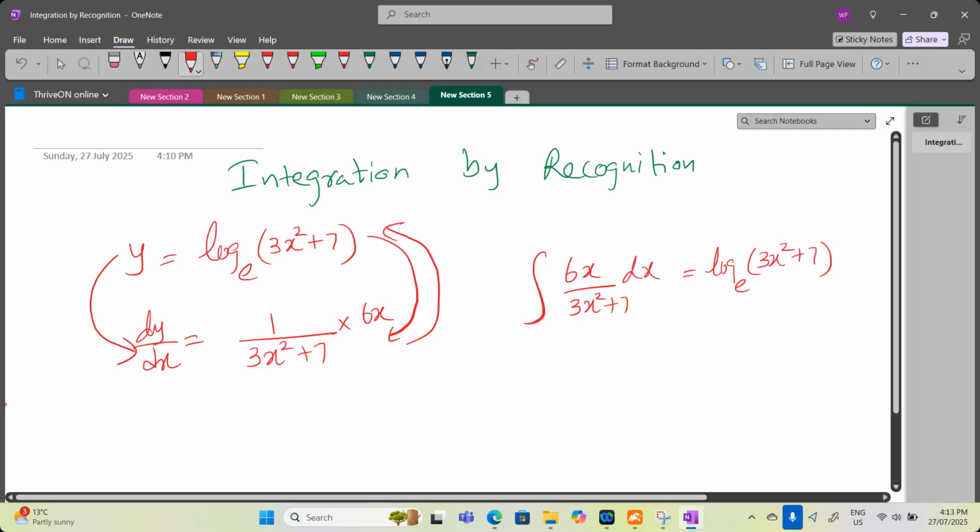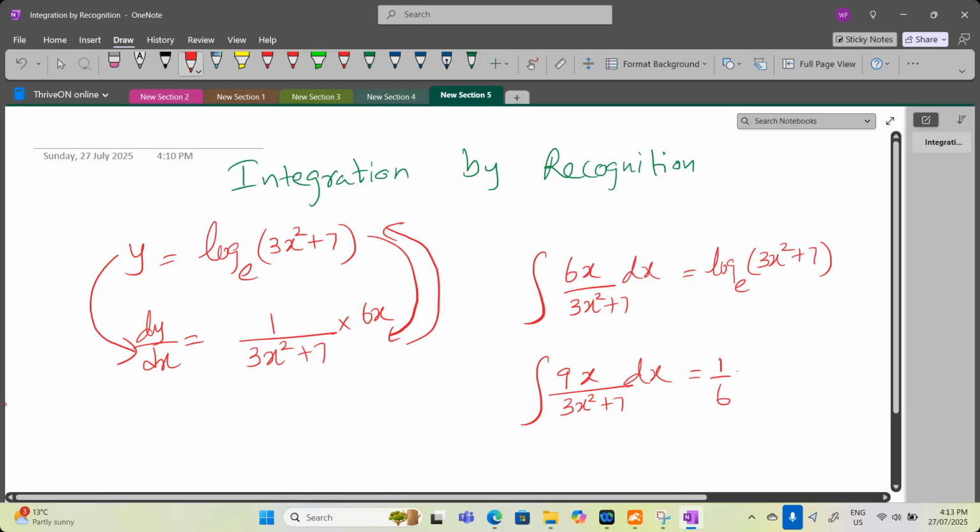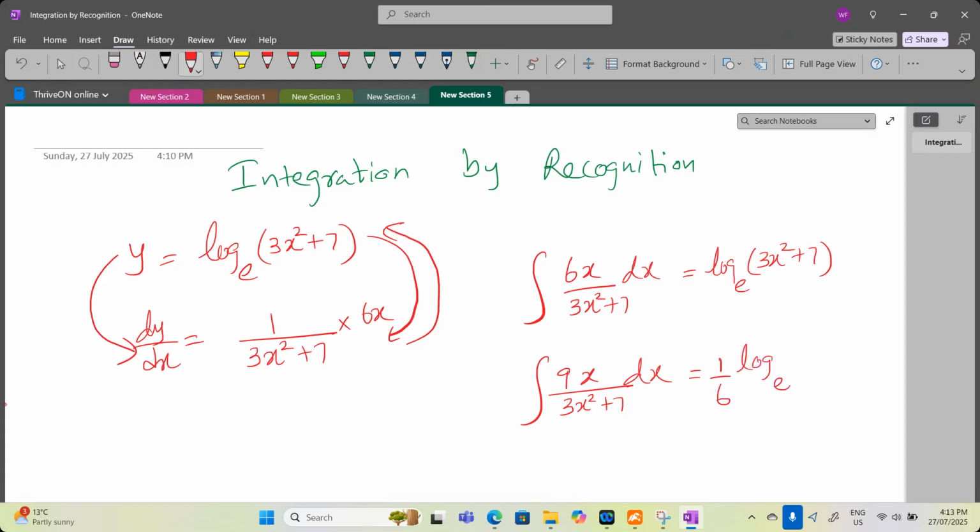Now, not necessarily 6x, any multiple of x we can do. For example, using this one, I can find 9x over 3x squared plus 7 as well. How do we do that? If the integral of 6x over 3x squared plus 7 dx is this, when you divide both sides by 6, this is 1 over 6 log e of 3x squared plus 7.